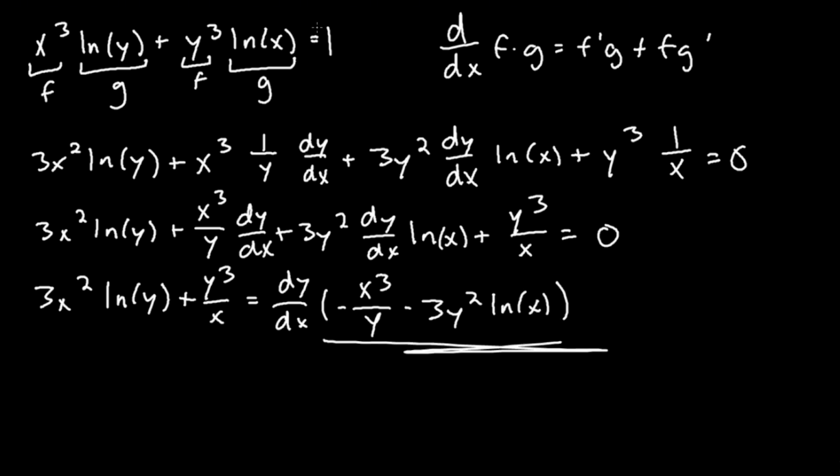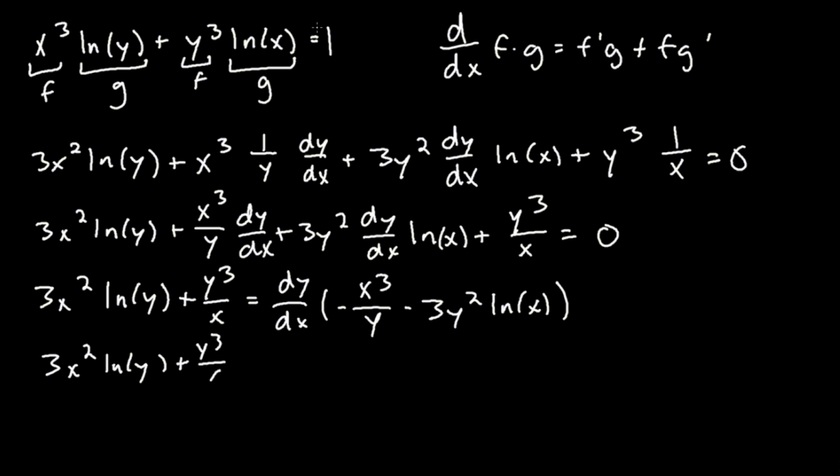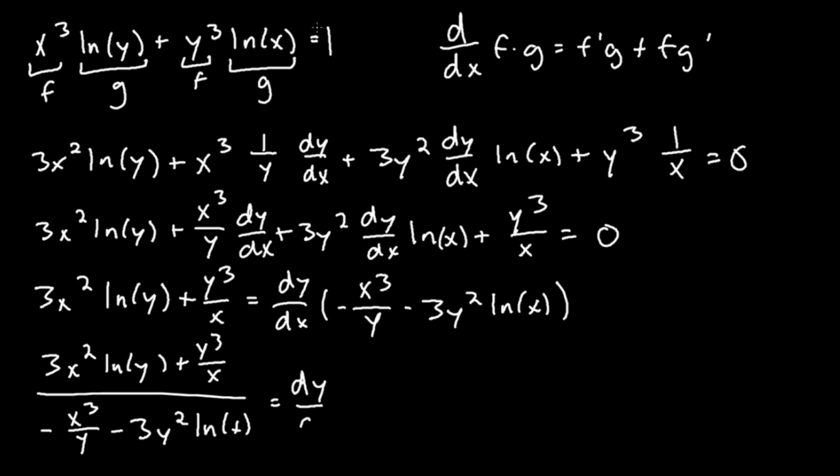Well, we could just divide this term onto the other side to get 3x squared ln of y plus y cubed over x over negative x cubed over y minus 3y squared ln of x is equal to dy over dx.